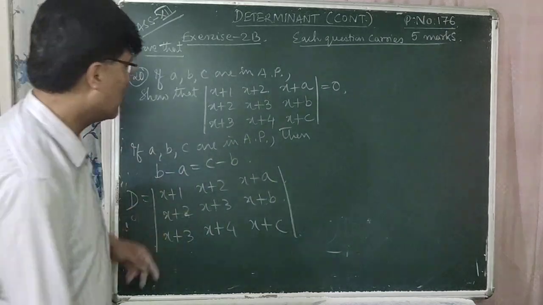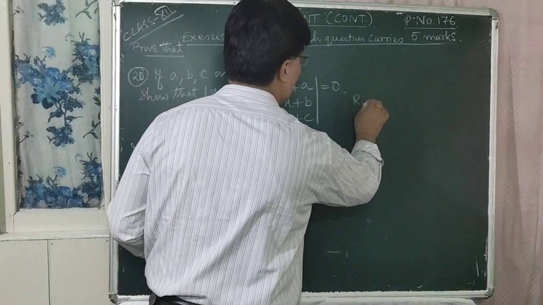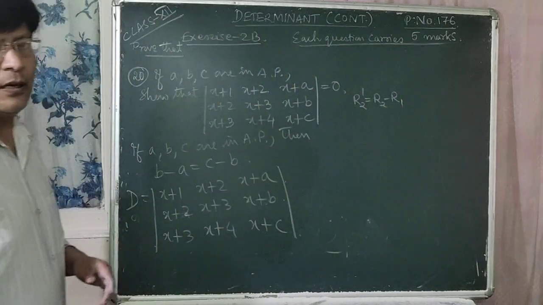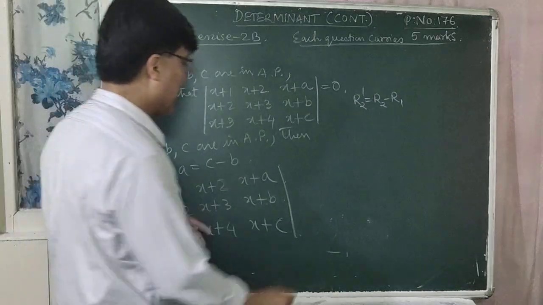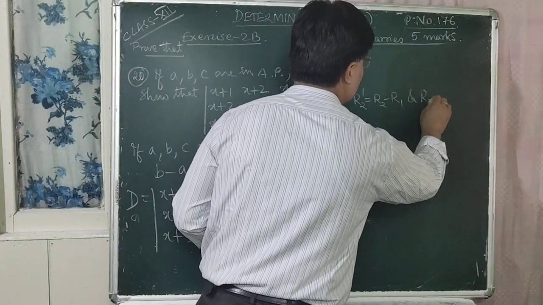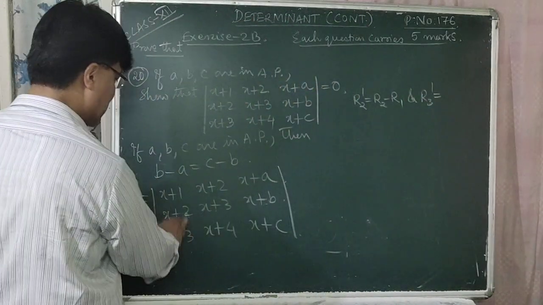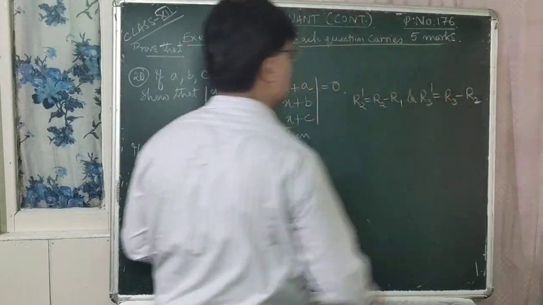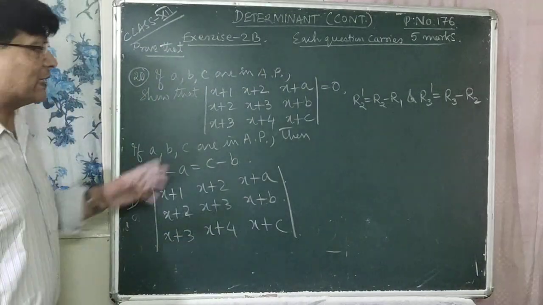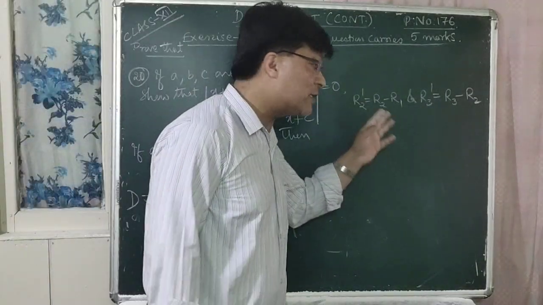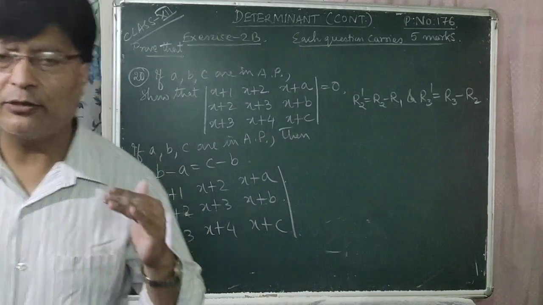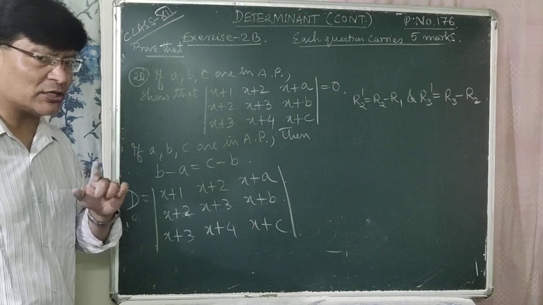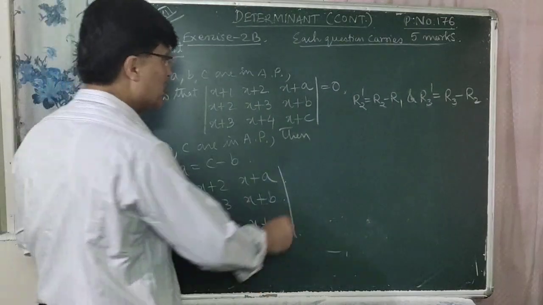Is that clear to all of you? That means row 2 and row 3 are changing, but not R1. So R1 remains the same.